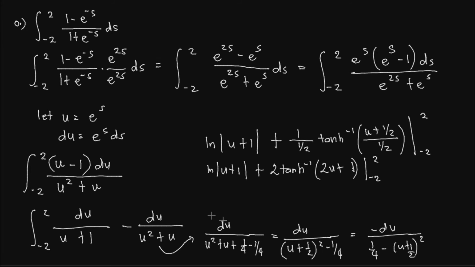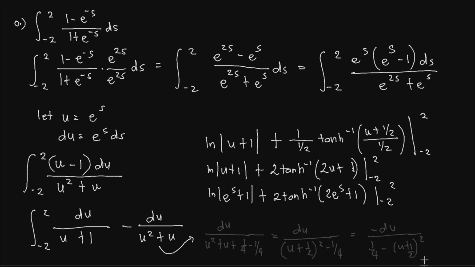So I'll be rewriting this in terms of e to the s, so that is ln of e to the s plus 1 plus 2 inverse hyperbolic tangent of 2 e to the s plus 1 evaluated from -2 to +2. So upon substitution to your original equation, the answer should be something like this now.